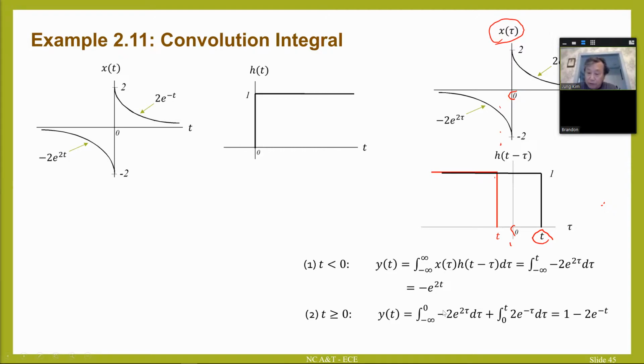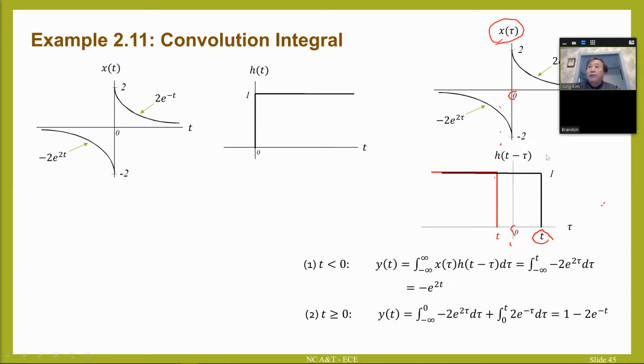Because in this function the multiplication is 1, h of t minus tau is 1, okay? 1 times this, 1 times this, so 1 times this is this here. Already multiplied by 1.